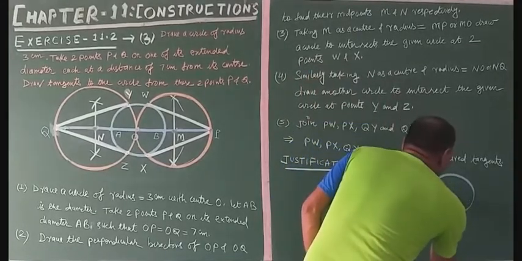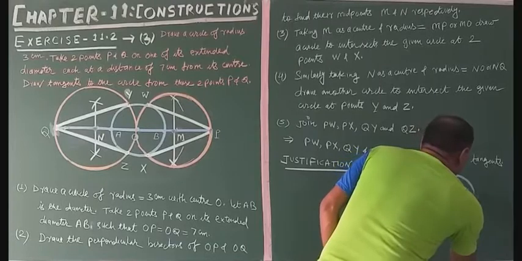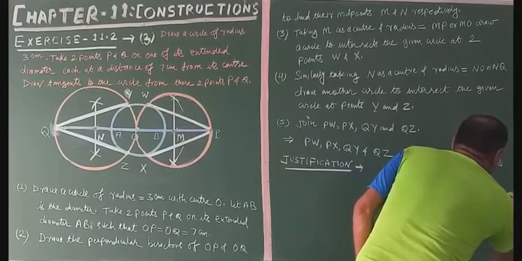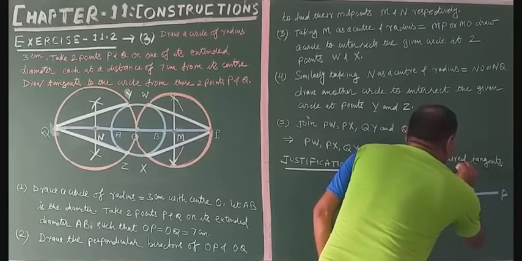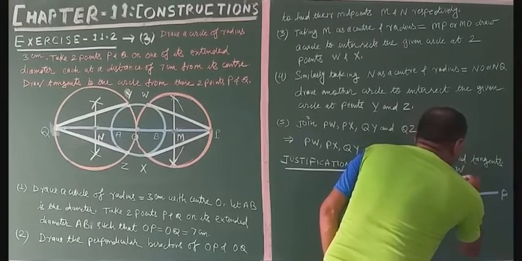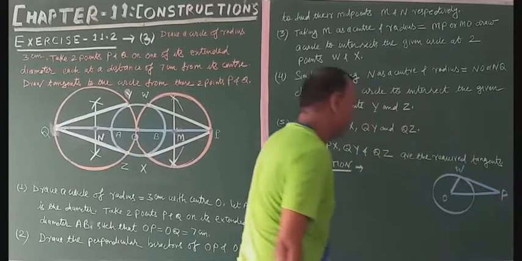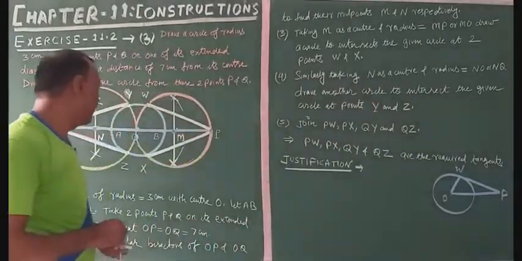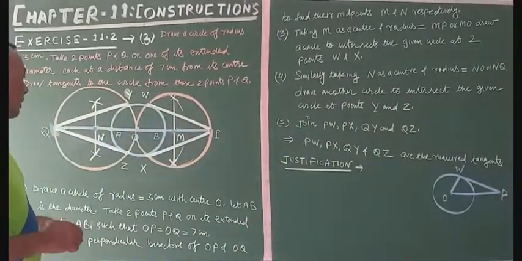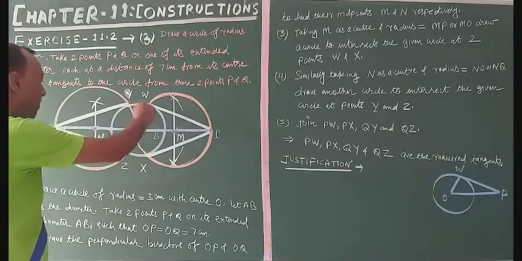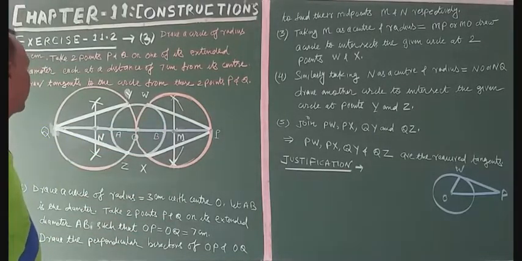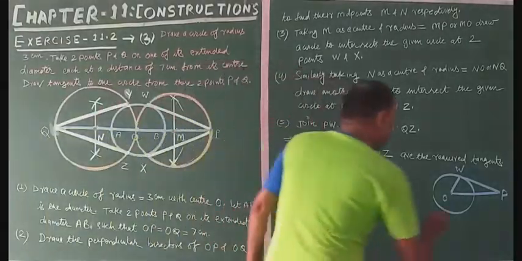This is O, this is P, and this is W. Okay, tell me, what is the length of this OW? This is the radius of the circle, which is 3 centimeter.